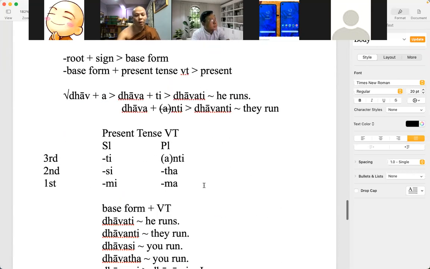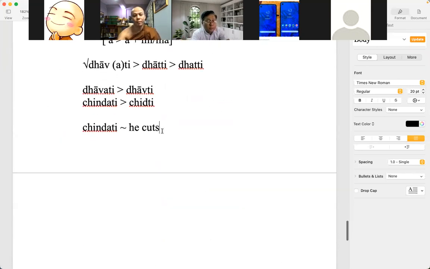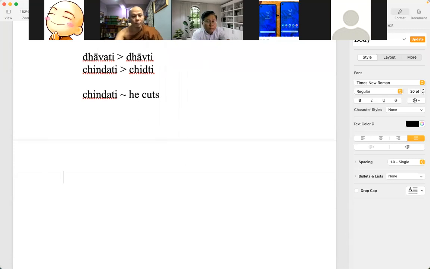Now the passive form is chejedi. It is cut. You see, we don't see that na and the us. That is one point. Using those, the conjugate sign is to denote that it is the active form.